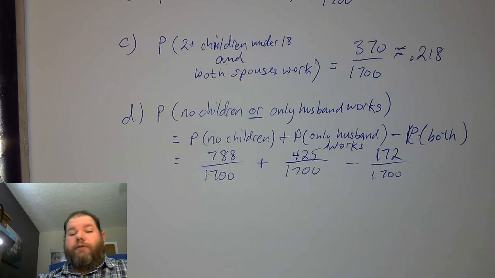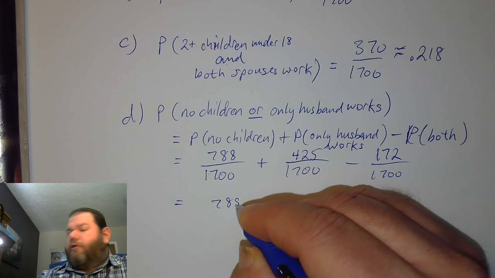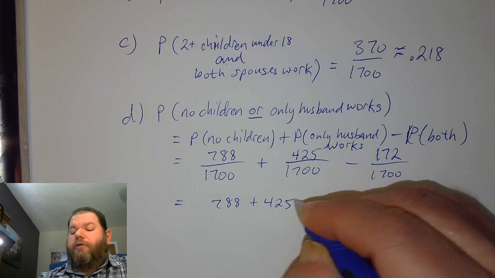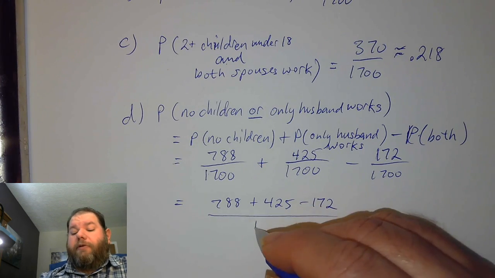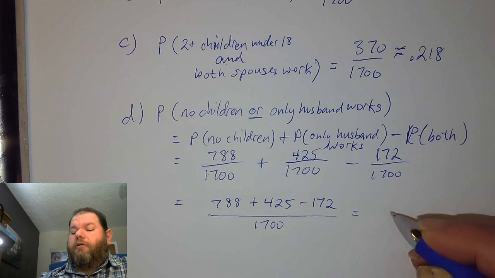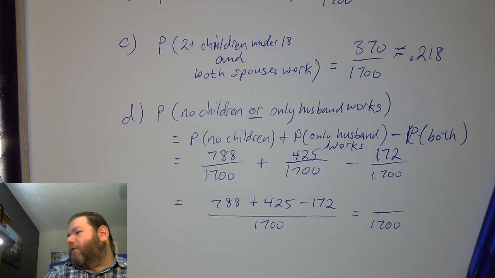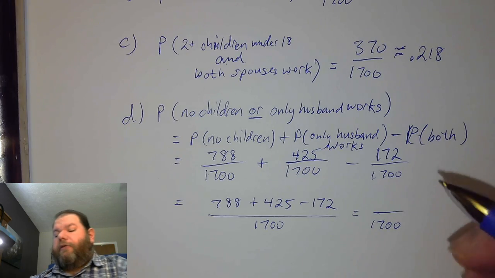Alright, now to combine these together, what I would recommend is going ahead and combining the numbers in the numerator first, because we know we have a common denominator, and then we'll divide at the end. 788 plus 425 minus 172 gives us 1041.